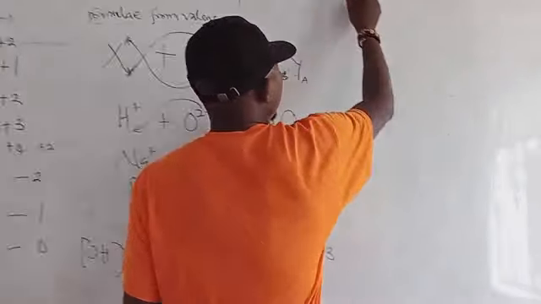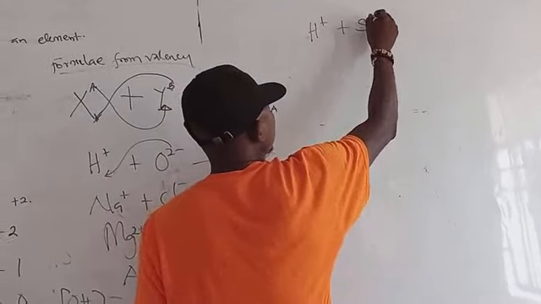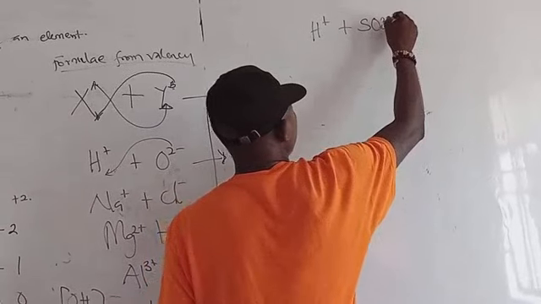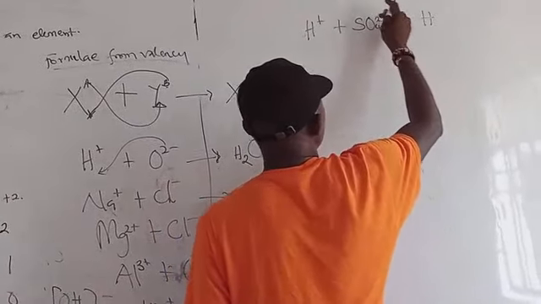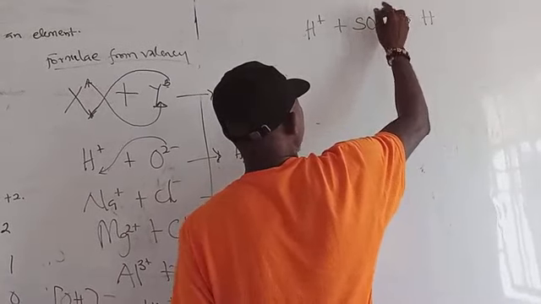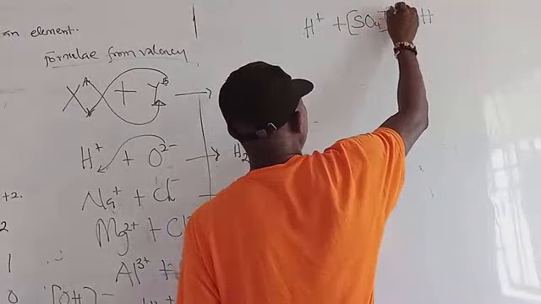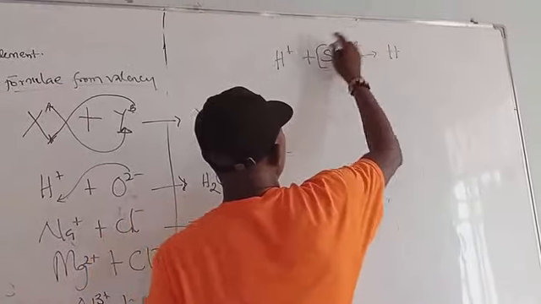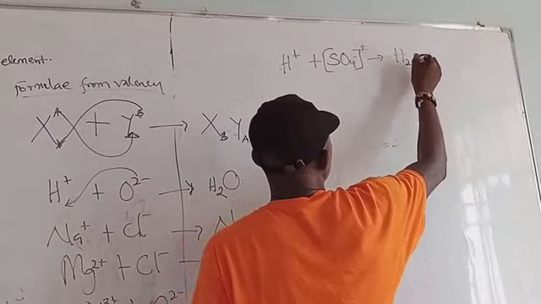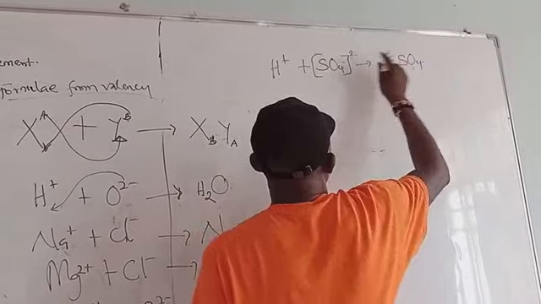Let's say your hydrogen reacts with the sulfate ion. This radical exists like this. The sign, the valence, is for all the atoms in the radical. So the 2 will come down, H2, and then SO4, because only 1 will be here.